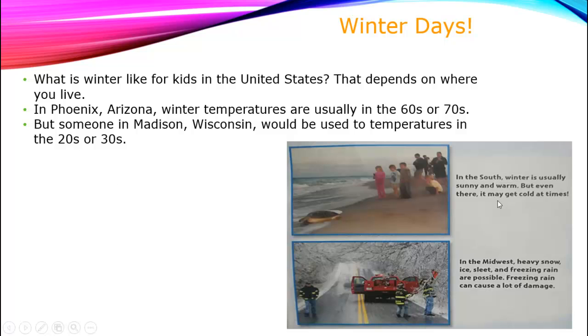In the south, winter is usually sunny and warm, but even there it may be cold at times. But in the Midwest, heavy snow, ice, sleet, and freezing rain are possible, and freezing rain can cause a lot of damage. So, the winter weather depends on where you live.